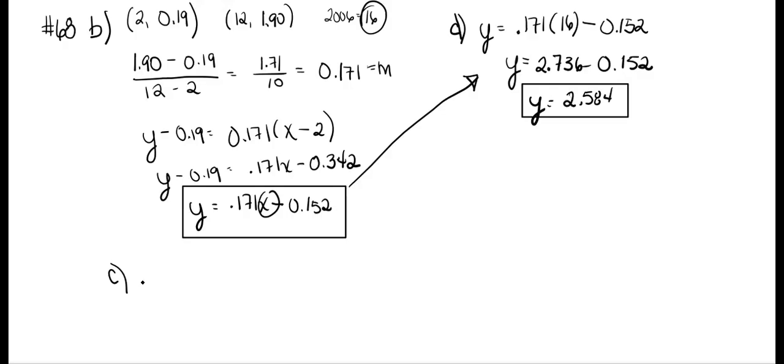Part D asks, do you think that this is an accurate estimation? Well, it's not accurate. It says if it was to continue on that average, then that year the stock value would be $2.584 per share.